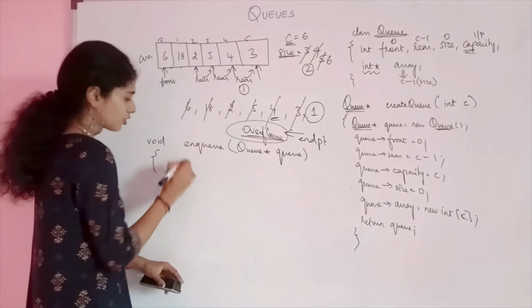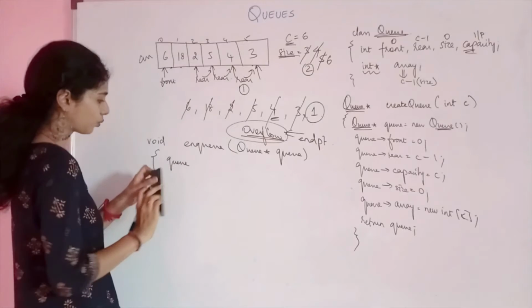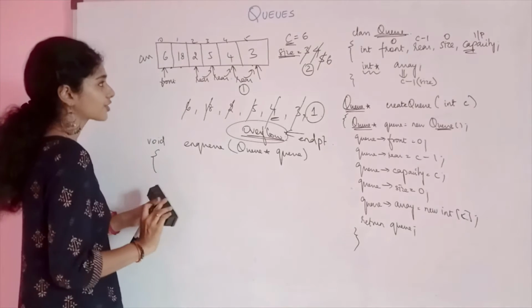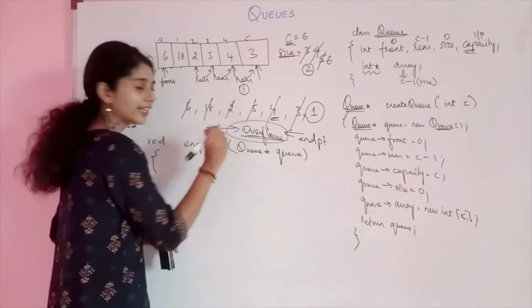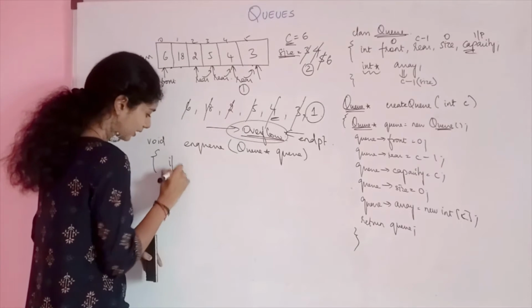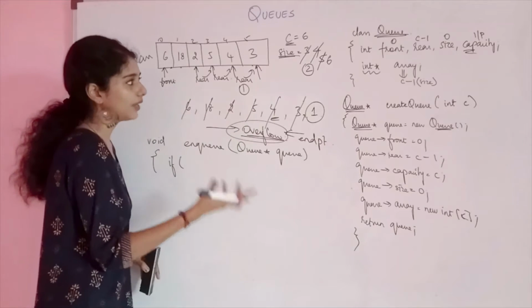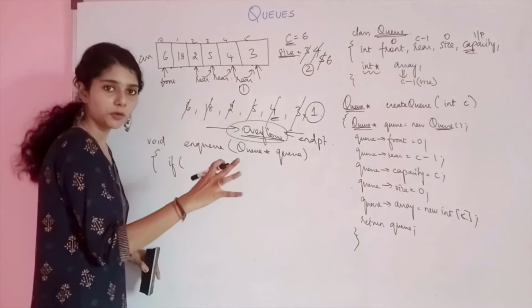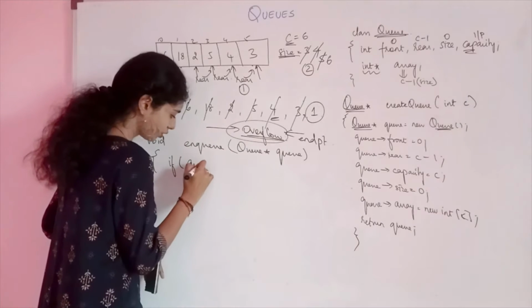Initially, what should I check? I should check whether I will be able to insert the elements or whether it is already in an overflow condition. If Q of capacity and Q of size are equivalent, then it's an overflow condition and I cannot insert any more elements.